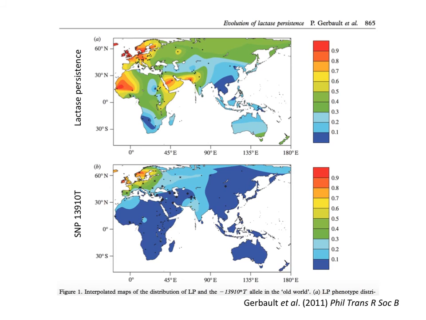It's the red colors. So we've got Western Africa, we've got the Middle East, and my territory, my homeland, Northern Europe. If you didn't know, that's where I'm from, or my family is from anyway. So these are three areas in the world where lactase persistence is most common.